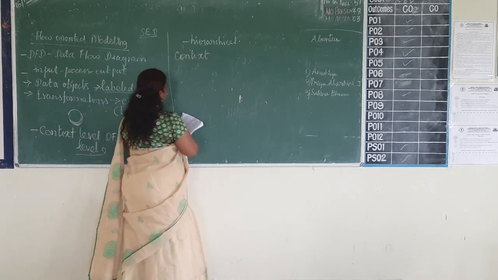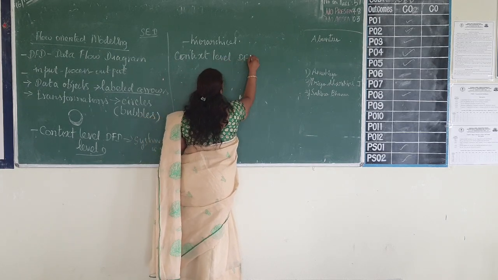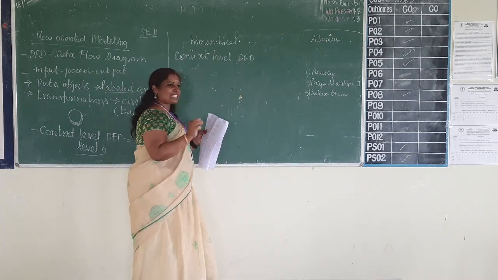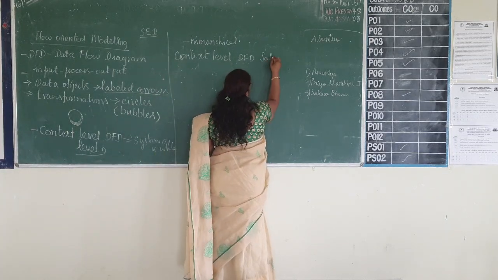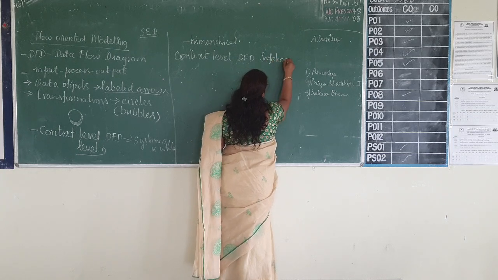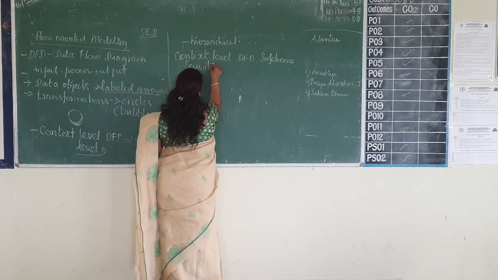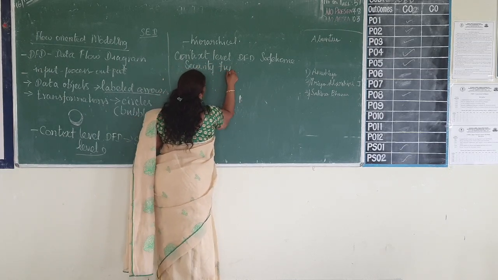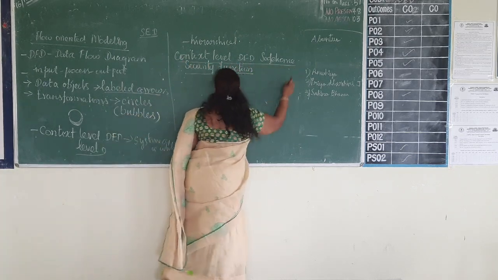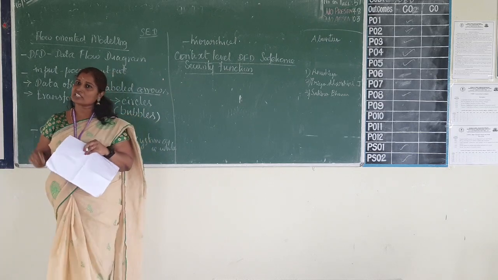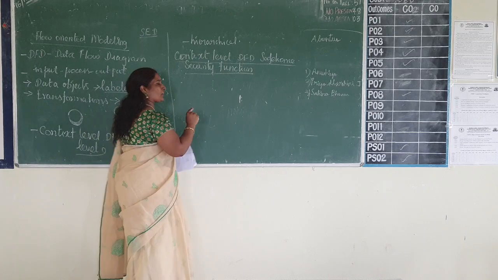So let us see the first context level DFD for the SafeHome security function. We are constructing a context level DFD, which means a level 0 data flow diagram, for the SafeHome security function.